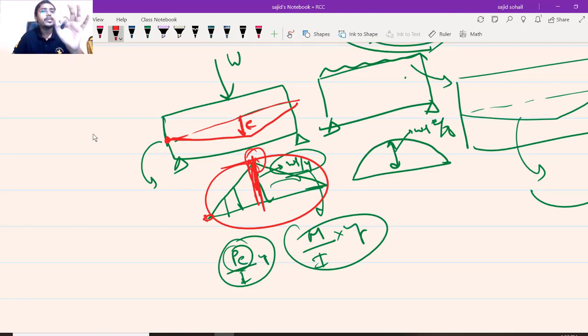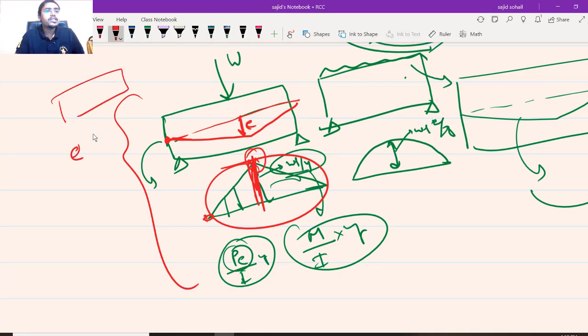Now comes the very important part. A question can ask, what should be the eccentricity if a point load is acting on a simply supported beam so that this load W is balanced? It is common sense. What is the moment here because of this eccentricity? If the pre-stressing force is P, my moment is P into e. So PE is equal to WL by 4, because that is the moment at that section.